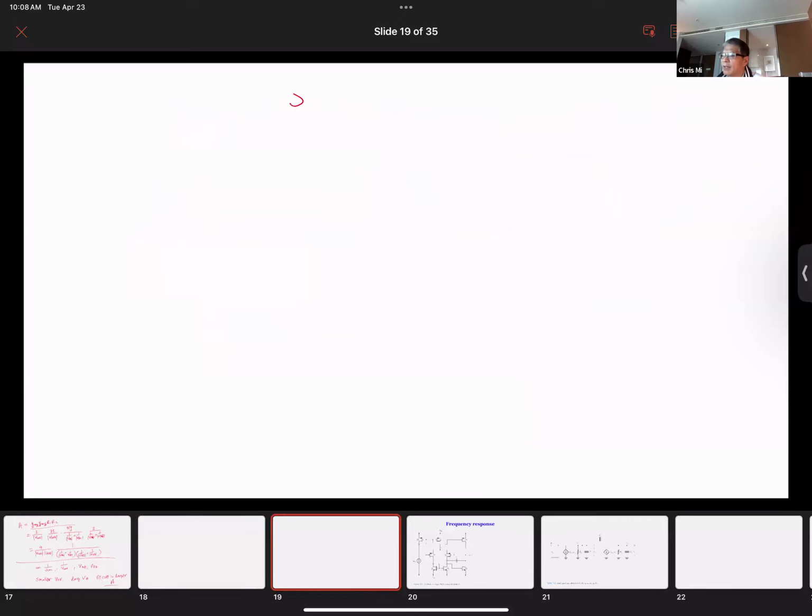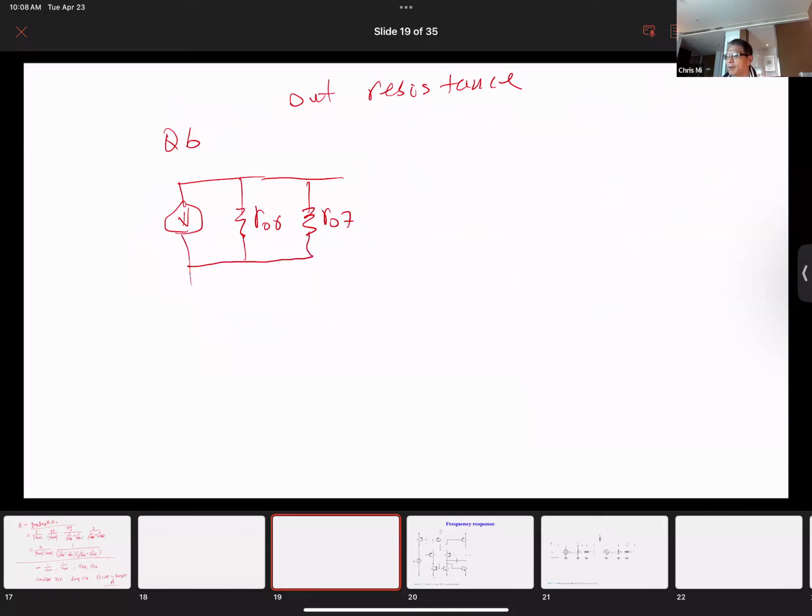And also we're going to look at output resistance. For the output resistance, we need to look at the output circuit. The output is Q6. So Q6 has RO6, RO7, and here is the ground. So this is GM6 times VO1 and your VO.